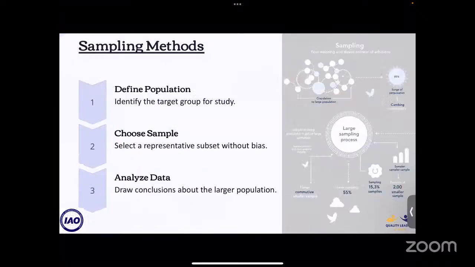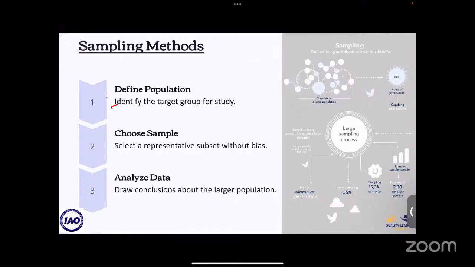The sampling process involves defining the population, which is to identify the target group for the study, then selecting a representative sample and analyzing the data to generalize the study to the entire population. When you come to perform sampling, the first thing is to what?